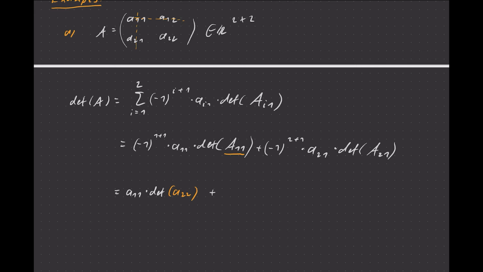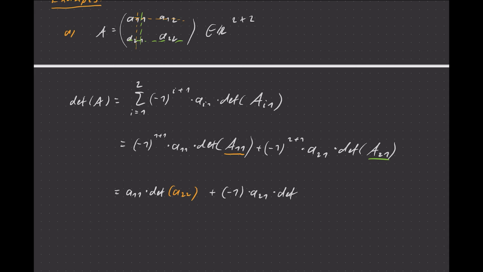And here we get minus 1 to the power of 3. So that's a minus 1 times A21 times the determinant of another cofactor. This time it's A21. So we get that by deleting the second row. That's the first two here. And the first column.